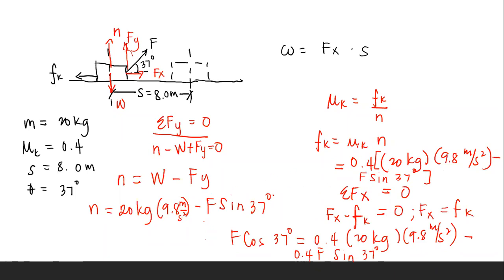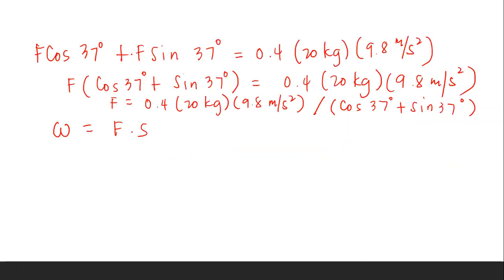Therefore, you have to distribute your 0.4 times 20 times 9.8 minus 0.4 times F sine 37 degrees.